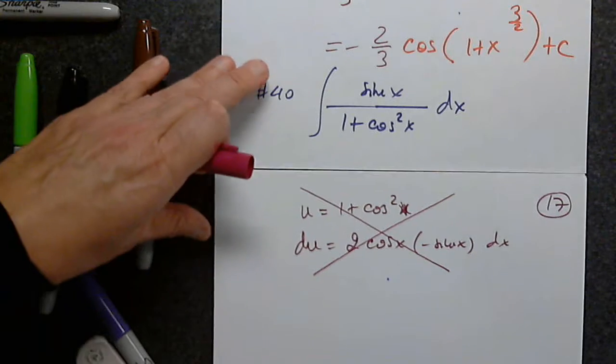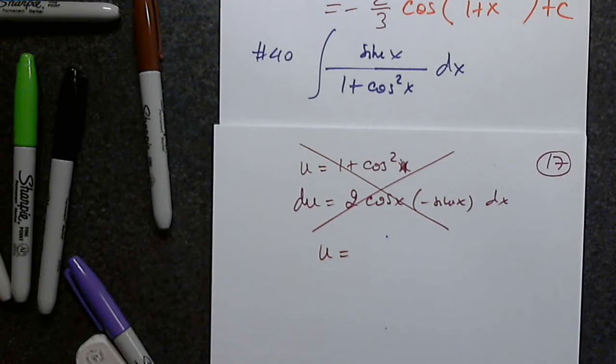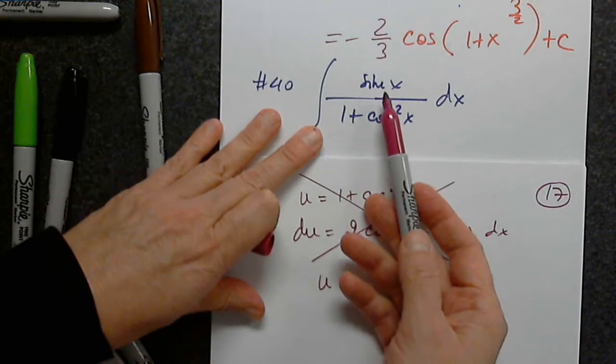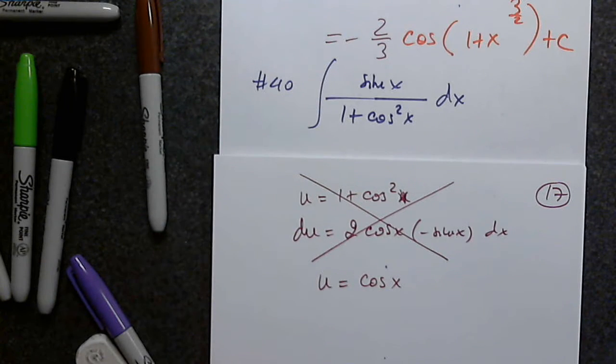But what is working in this case is let u be some function whose derivative is up there. Which function? I don't have the derivative of sine. Yes, indeed. Just cosine x.